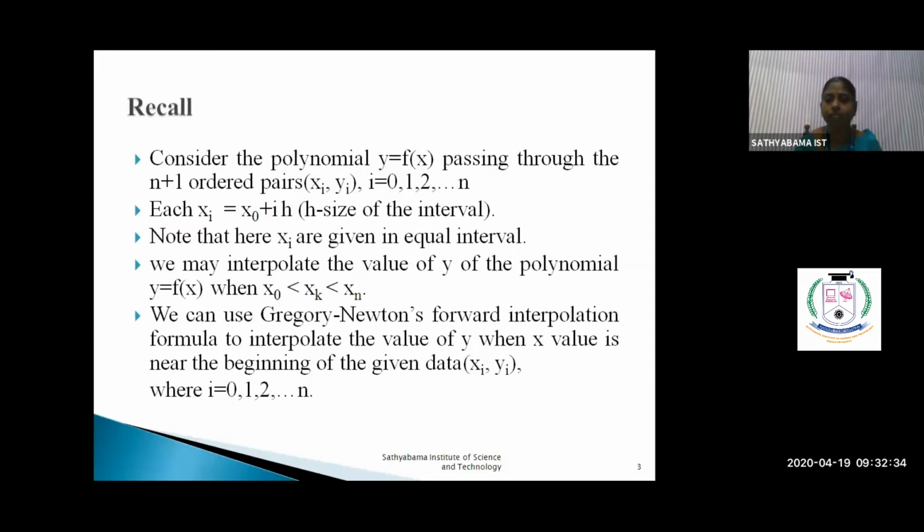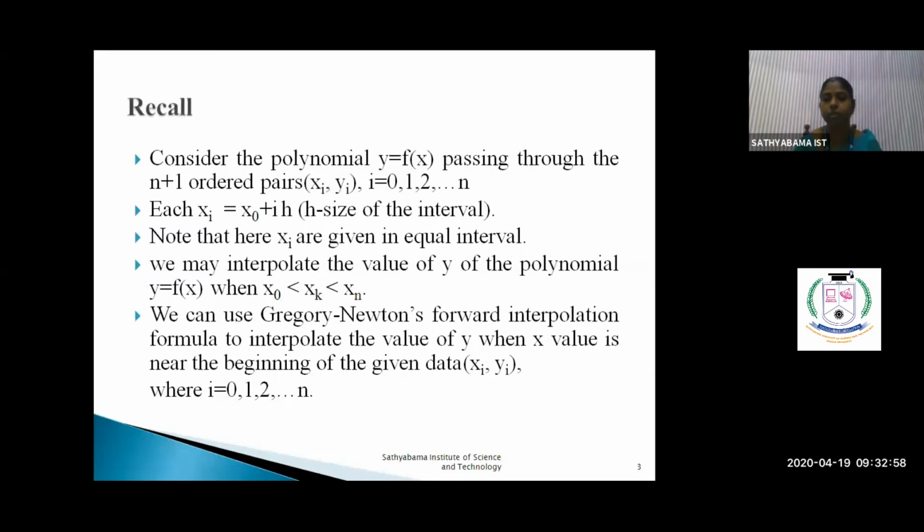For equal intervals, we have seen Newton's forward interpolation formula and Newton's backward interpolation formula. Newton's forward interpolation formula we can use if the given x value is near the beginning.